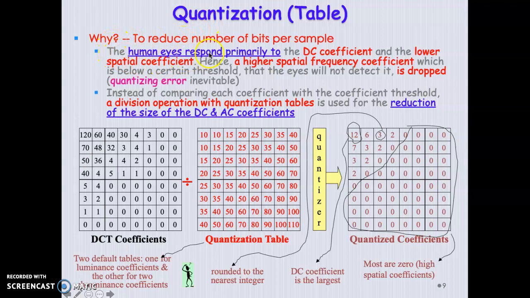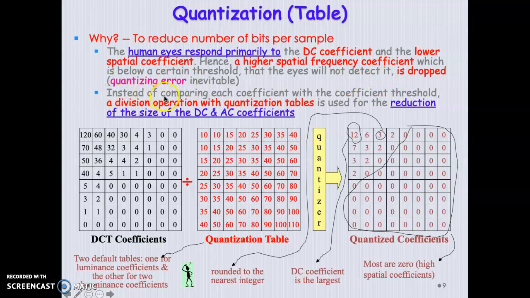The human eye responds primarily to the DC coefficient and the lower spatial coefficients. Hence, a higher spatial frequency coefficient which is below a certain threshold, the eye will not detect it, and it will be dropped.